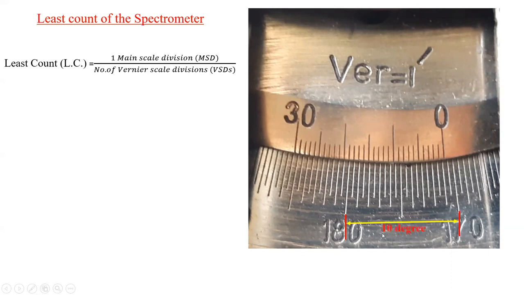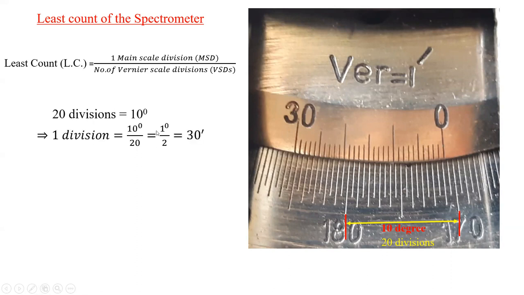So 10 degrees are divided into 20 divisions. Therefore 20 divisions equal 10 degrees. Then 1 division equals 10 by 20 degree, that equals half a degree. We know 1 degree equals 60 minutes, therefore half a degree equals 30 minutes. So 1 main scale division equals 0.5 degree or 30 minutes.